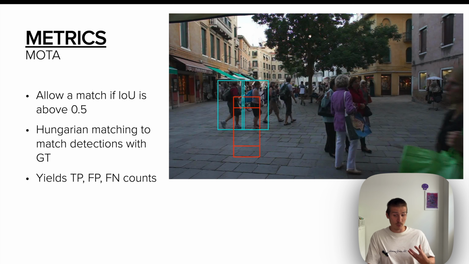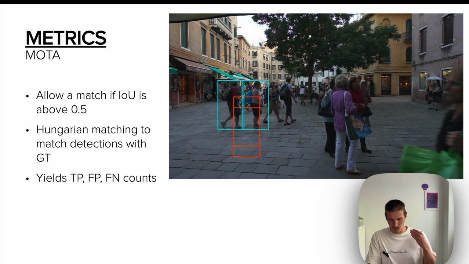Then we will obviously have cases when some objects are not covered by anything, or there are multiple predictions covering the same object, or it's not clear which object a prediction is covering. To handle these cases, we also use Hungarian matching. Yes, the same Hungarian matching that is used in DETR is used in the metric as well, which is a bit strange, but this is the only way it could work.